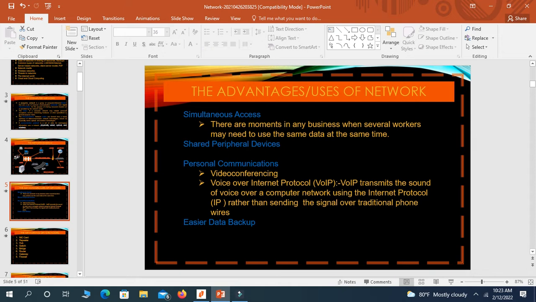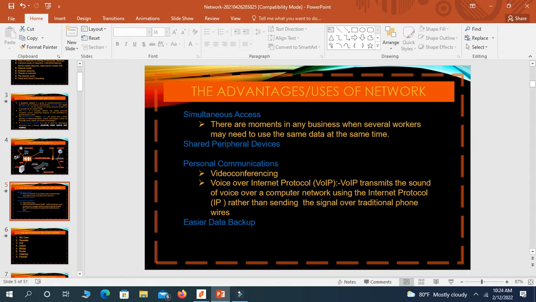VoIP transmits the sound of a voice over a computer network using the internet protocol rather than sending the signal over traditional phone wires. I can give one example of this. I hope you are familiar with this term, VoIP. If not, no problem. Back in 2019, when I was in China, I used to call my parents using a VoIP dialer.